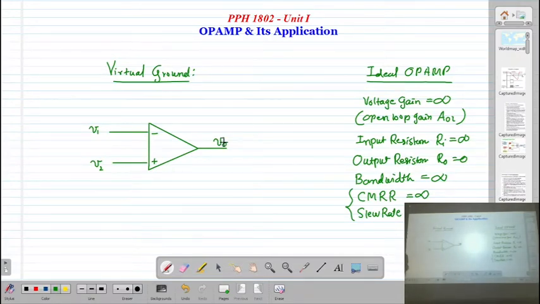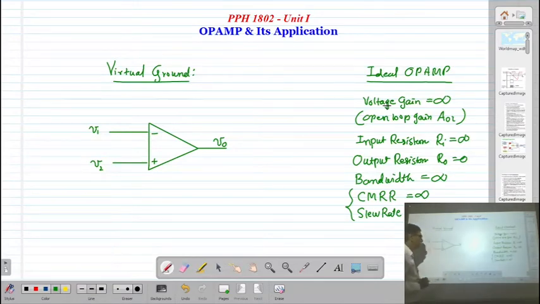Correct? Now remember, the virtual ground concept is applicable only for the ideal op-amp. In a practical op-amp, we don't have infinite voltage gain, input resistance will not be infinite, output resistance will not be zero. But to simplify the analysis, we consider the ideal op-amp.